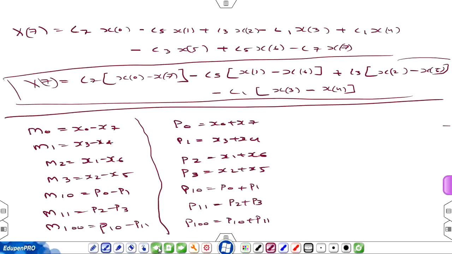Okay, and m1 is difference of x3 x4, p1 is sum of x3 x4, m2 is difference of x1 x6, p2 is sum of x1 x6, m3 is difference of x2 x5, p3 is sum of x2 and x5. So using the variables x0 to x7, we will first derive their pairwise difference and pairwise sum.